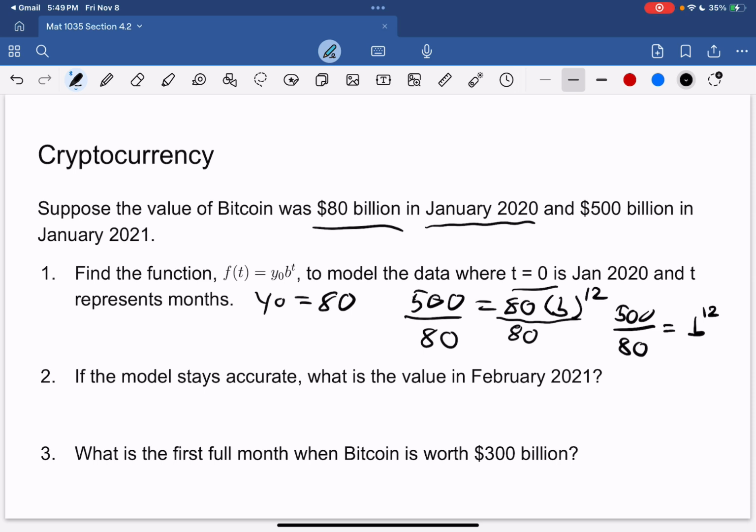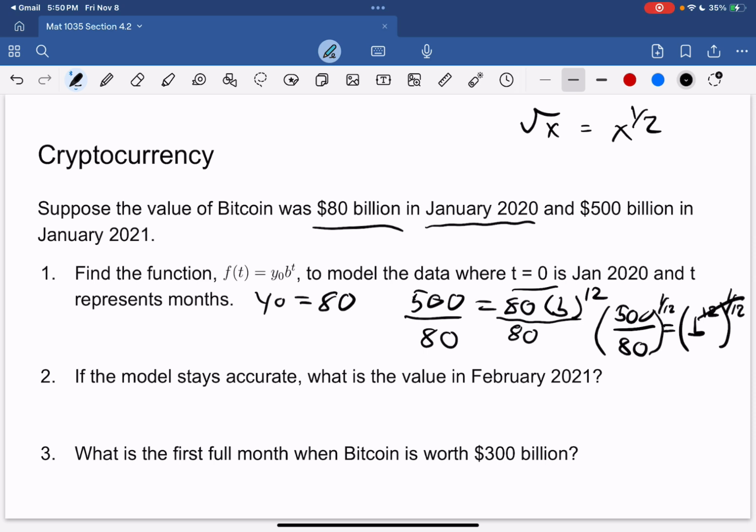To do that, just as a reminder, the square root of x is equal to x to the 1/2 power. So we can rewrite this as a fractional exponent. The 12th root can be written as the 1/12 power, and I can do that to both sides.